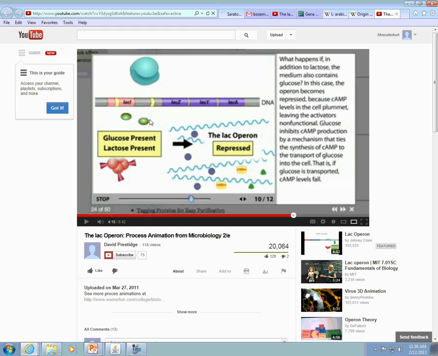High glucose, low cyclic AMP. So that makes it the positive control part of this. Glucose inhibits cyclic AMP production by a mechanism that ties the synthesis of cyclic AMP to the transport of glucose into the cell. That is, if glucose is transported, cyclic AMP levels fall.